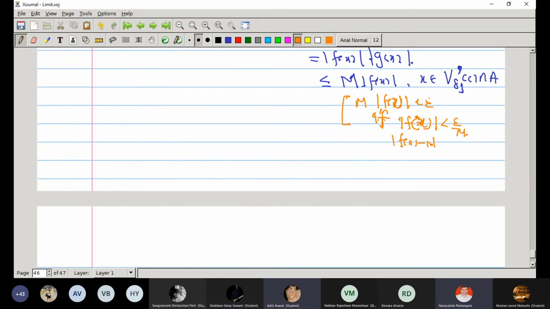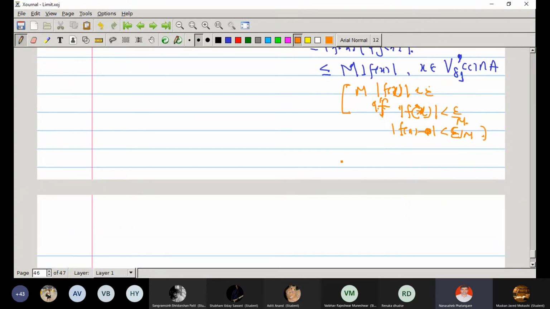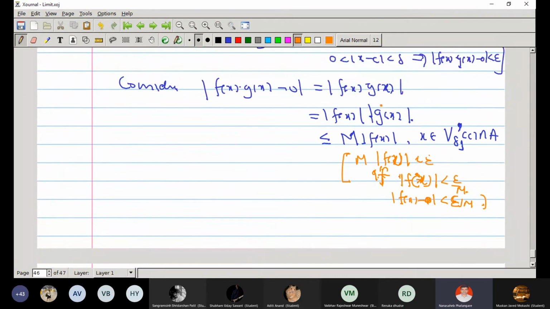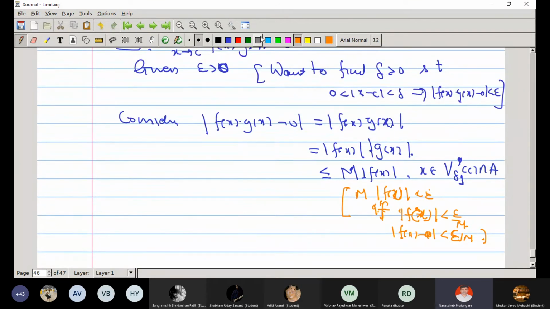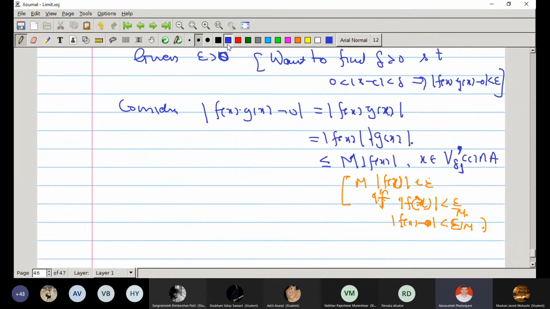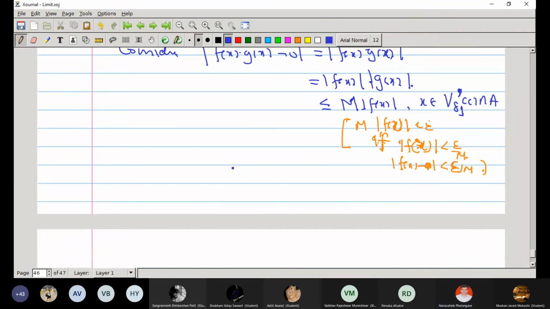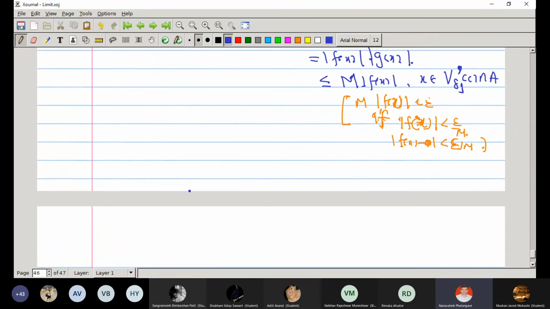The absolute value of f(x) is actually the absolute value of f(x) minus 0. Fine. So from this we can have a strategy. What should be the next step? What should be my strategy?